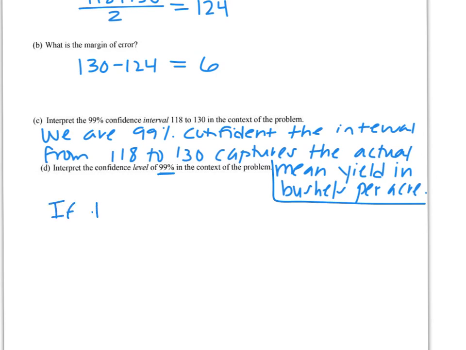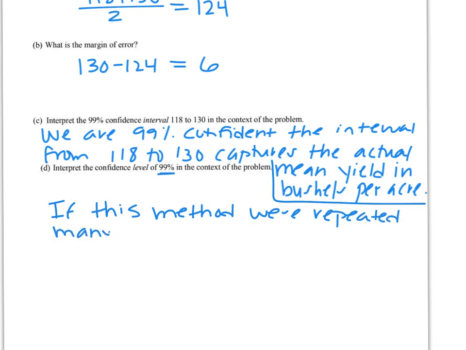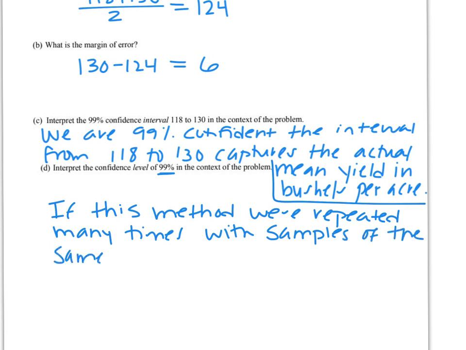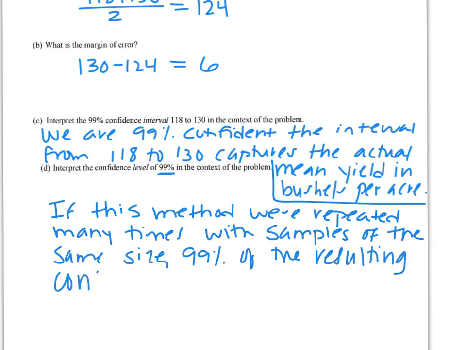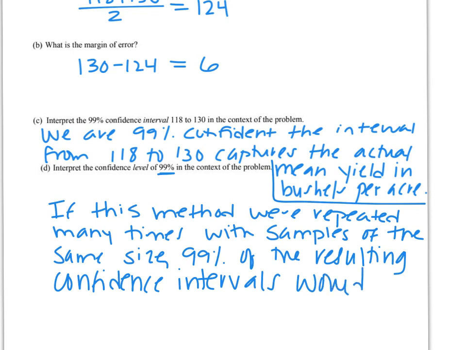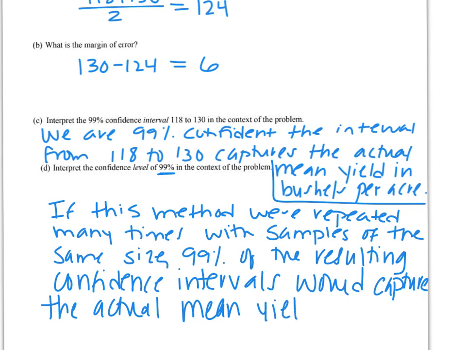So if this method were repeated many times with samples of the same size, 99% of the resulting confidence intervals would capture the actual mean yield. All right.